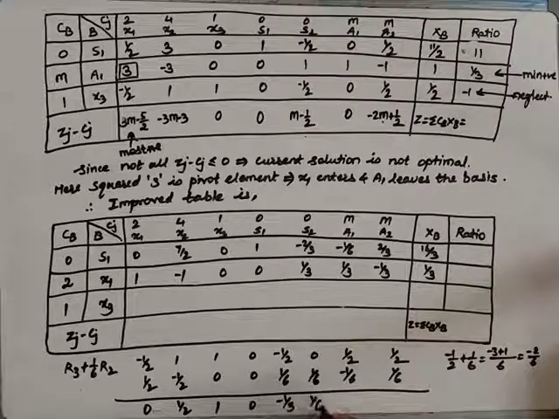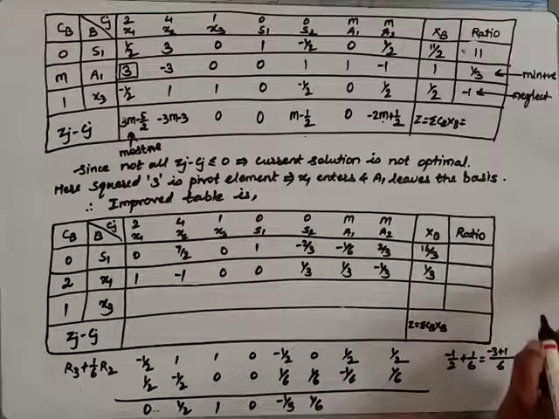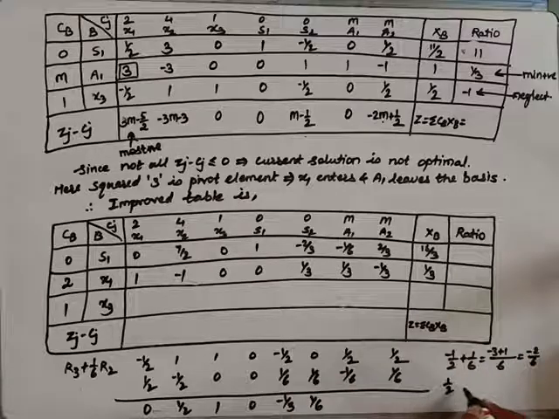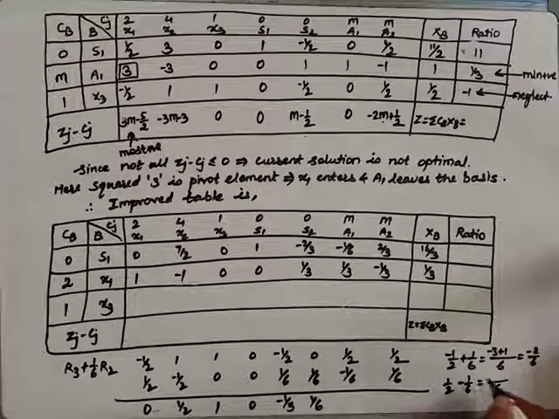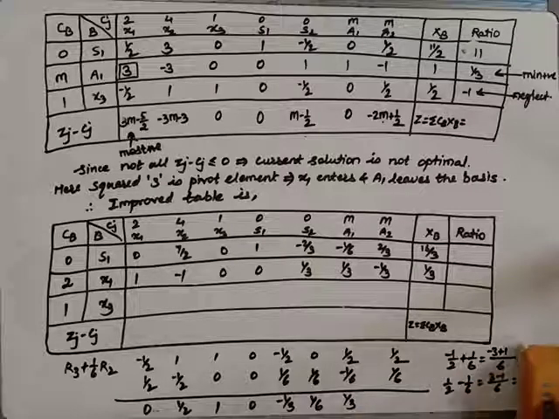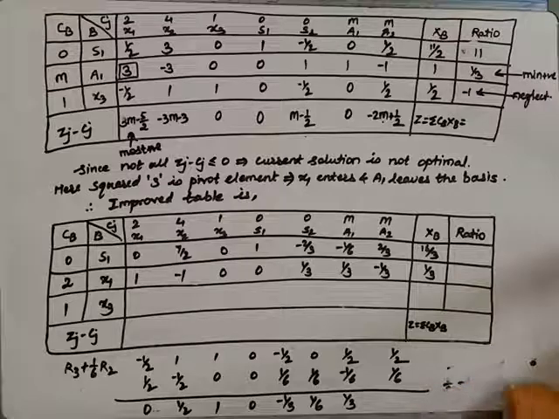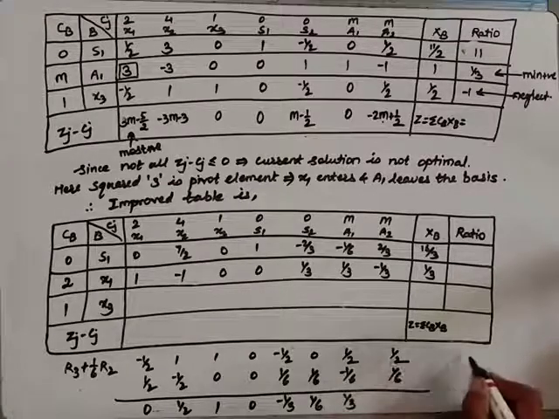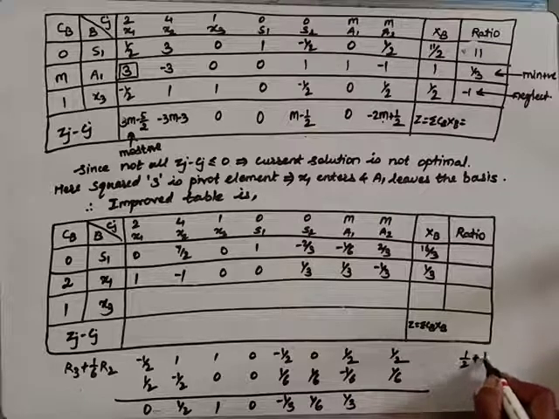Here it is 1 by 6. Here again half minus 1 by 6. So LCM will be 6. So it is 3 minus 1. So it will be 2 by 6. So it is 1 by 3. The most simplified form will be 1 by 3. Then next, the addition of these two, 1 by 2 plus 1 by 6.